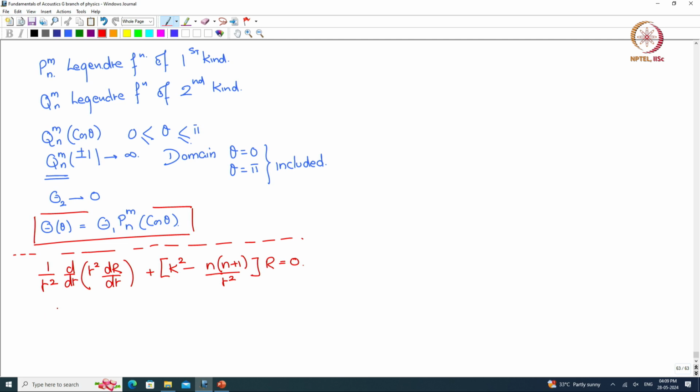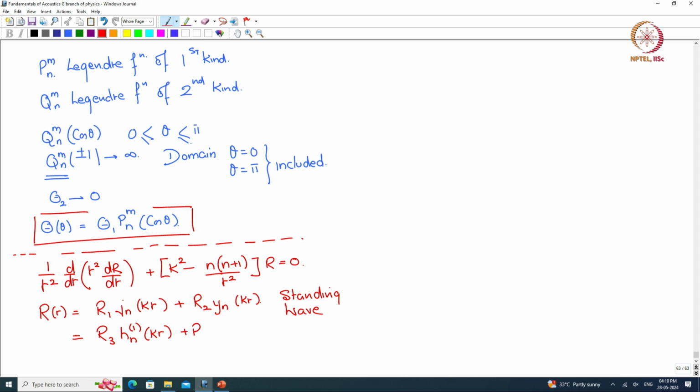The solutions, let me just write it, to this are some constant R1 Jn of kr plus R2 yn of kr, if we are presenting them in a standing wave solution, or equal to R3 Hn 1 of kr plus R4 Hn 2 of kr. Okay.